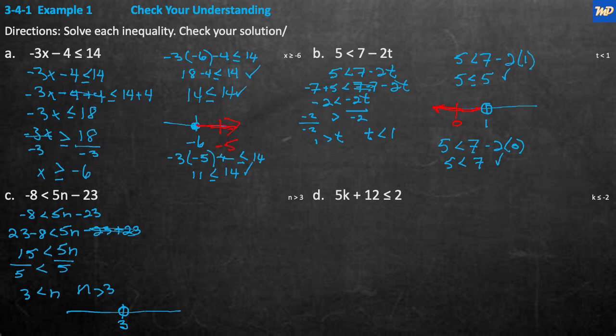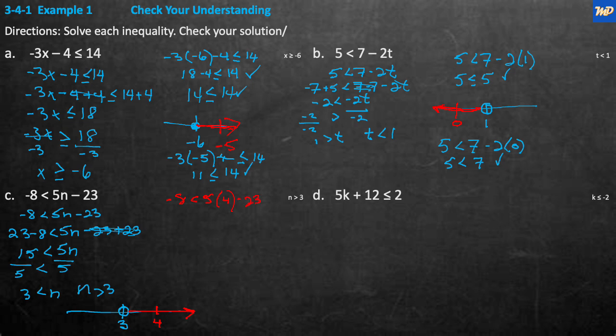So now n is greater than 3, so I'll use red like I did before. Everything here is part of the solution. So if this is 3, that implies that 4 is greater than 3. It's got to be part of the solution. So we substitute 4 back into our original inequality and treat it as if it was an equation. We're going to say negative 8 is less than 5 times 4 minus 23.